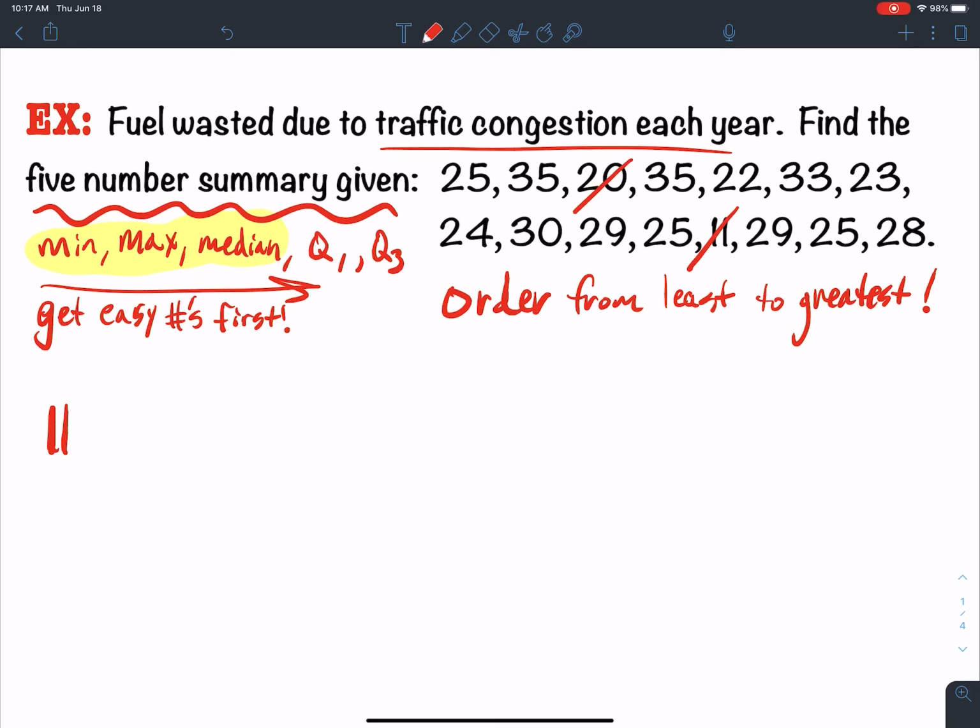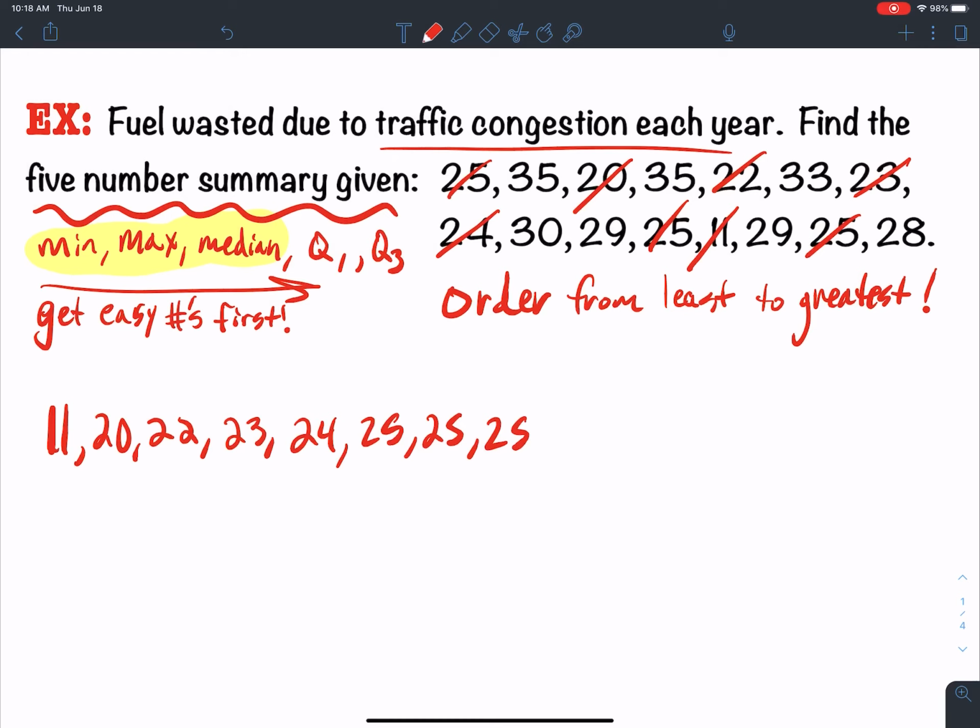The next one is 20. Okay, looks like the next one is 22, and then 23, and then 24, and then 25. Oh, there's another 25. There's another 25.